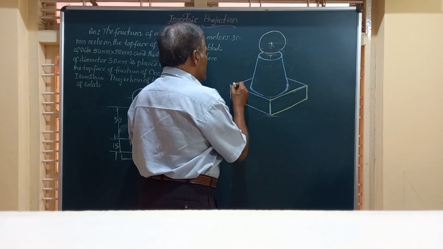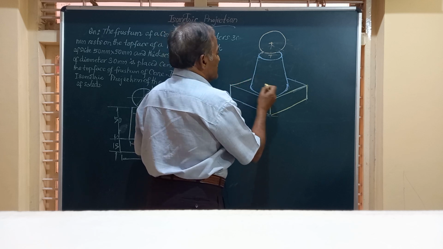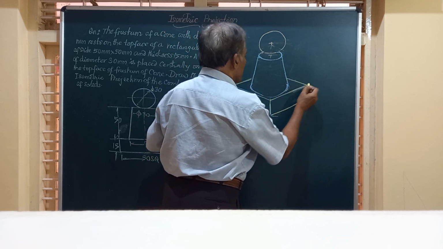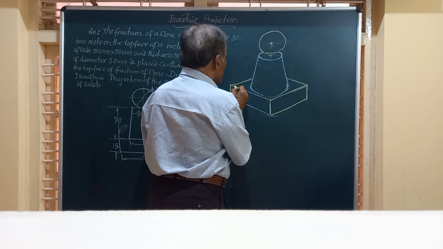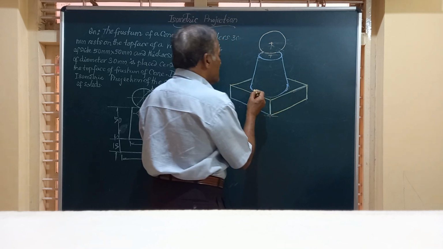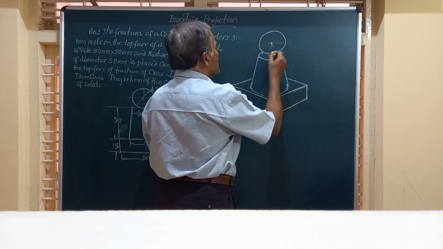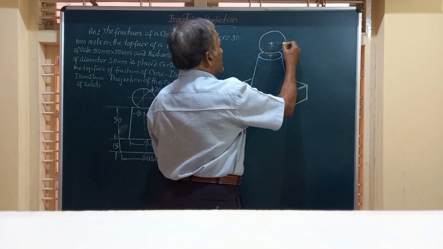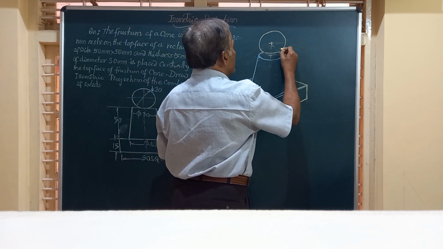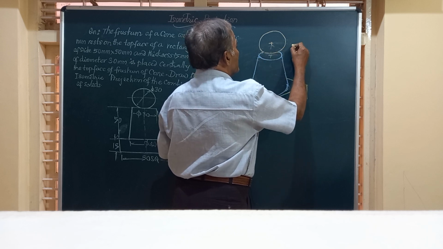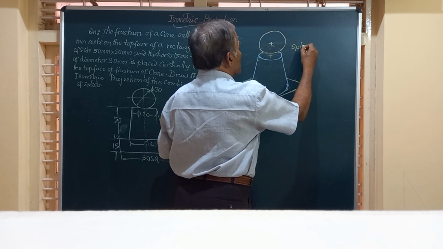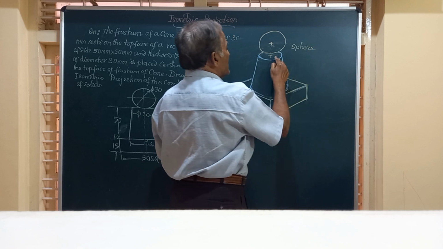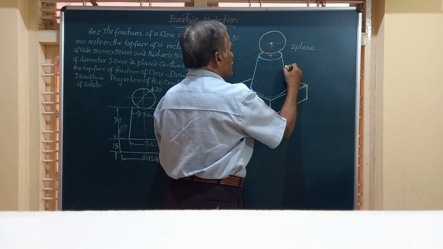This line is visible. The top face of the block is visible. And here, friends, I will just tell you, this sphere is resting on the top face of the frustum of a cone.